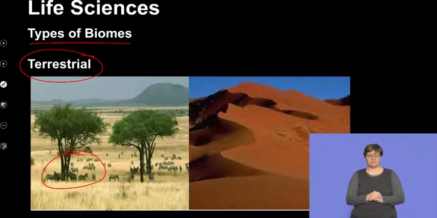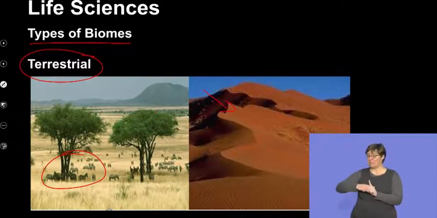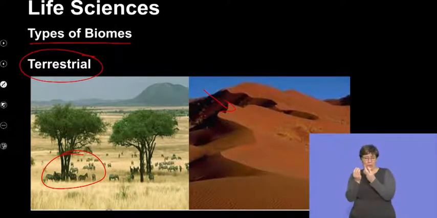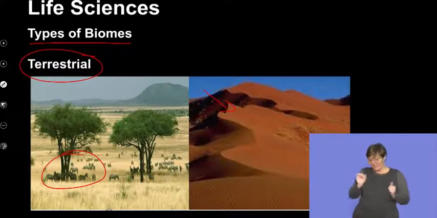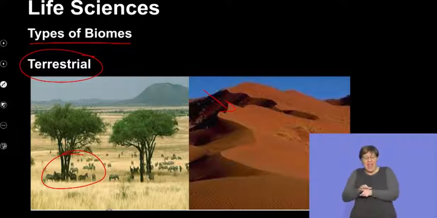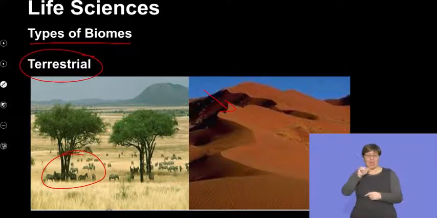On the right hand side, we've got a desert biome, and typically seen where the temperature is extremely high, arid areas with very sparse vegetation. We obviously find a very different presence of living organisms in that area. So the type of organisms found are often influenced by the availability of food as well as the climate as well as the other abiotic factors.